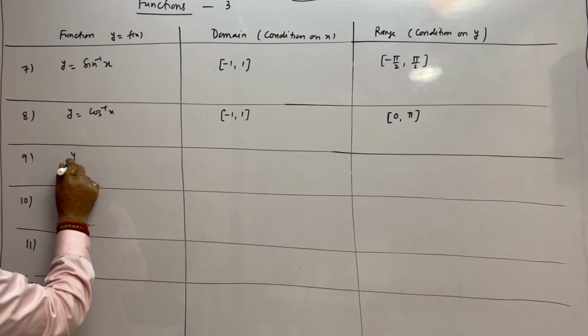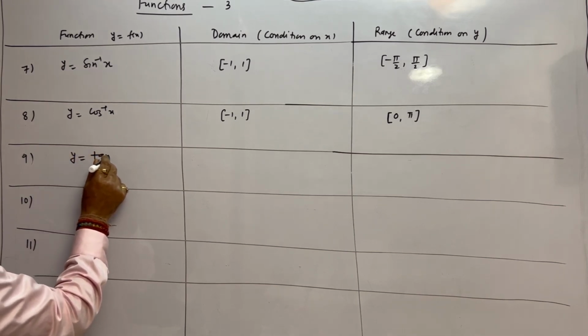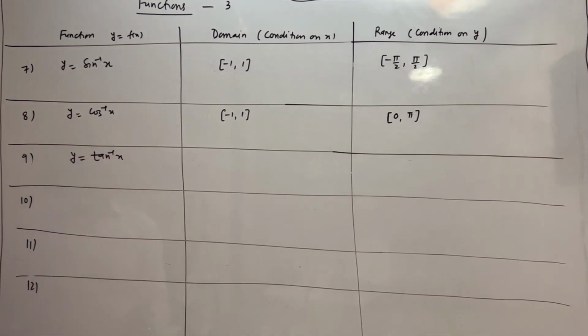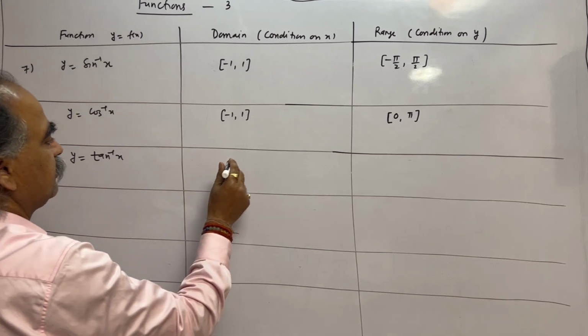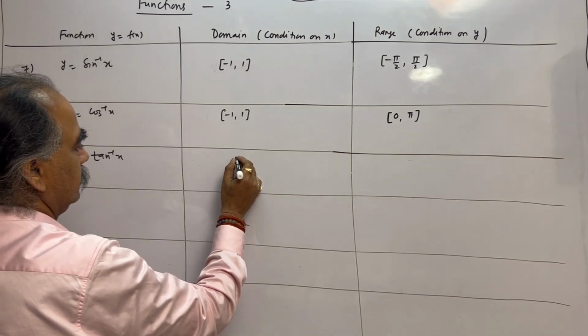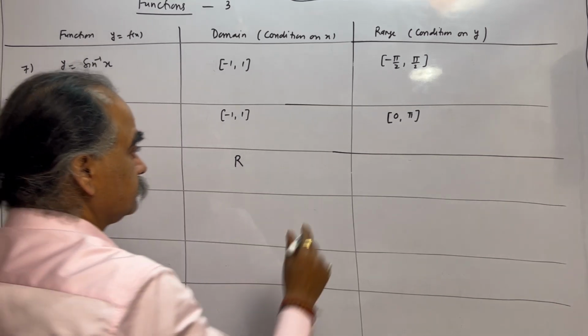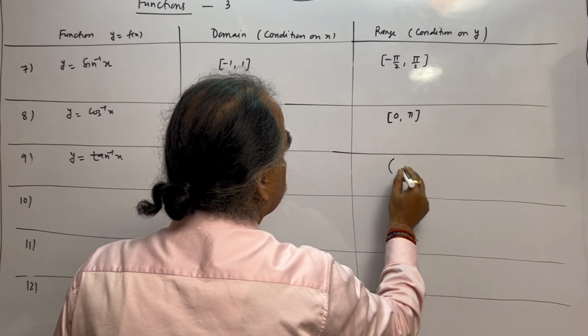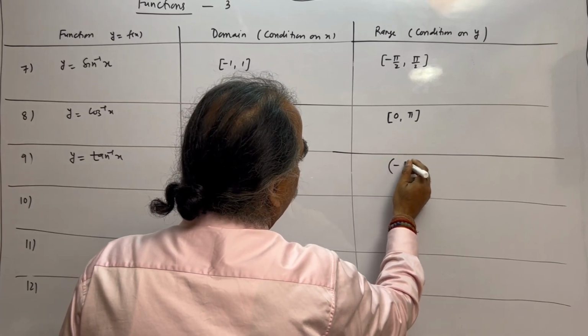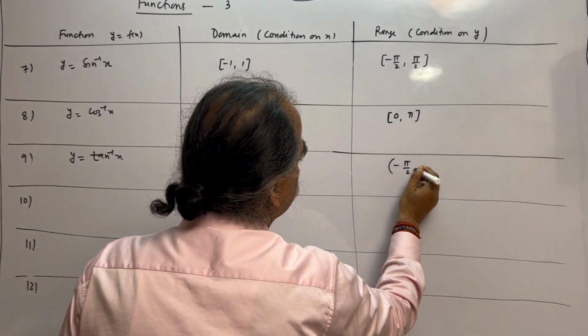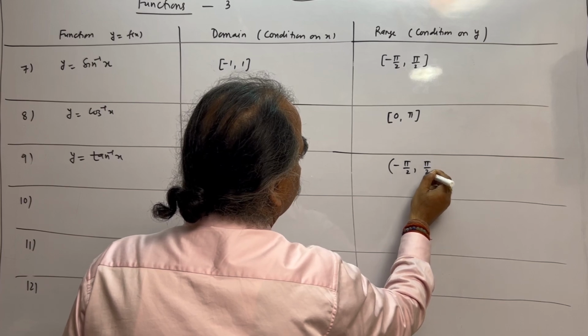Then y is equal to tan inverse x. The domain is the entire line. And range is the open interval minus pi by 2 to plus pi by 2.